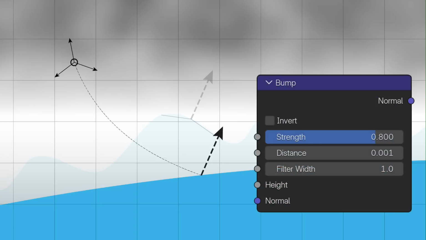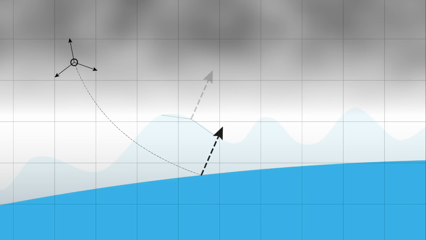This is done specifically to preserve the appearance the material had in previous Blender versions. A value of 1.0 on the filter width essentially replicates the old behavior, where the area the bump node examined to determine the slope was directly tied to the size of a single render pixel. That's how it was hard-coded before we had this control.